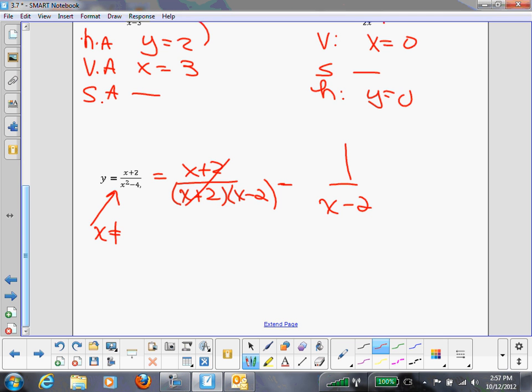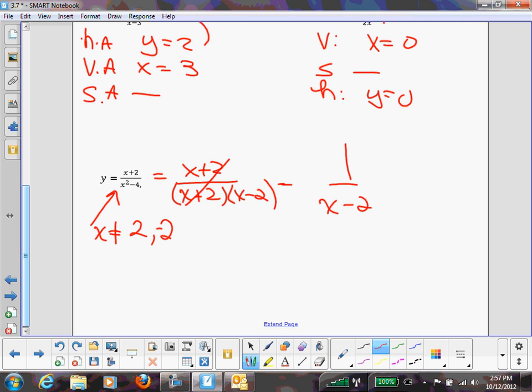Because remember, this is about domains. X can't equal 2 or -2. If there's ever a place where your function doesn't exist, at any point you have to state that because it does affect how it looks. Now, can I use -2 in my simplified function? Yeah, I can use -2 here. -2 is fine.